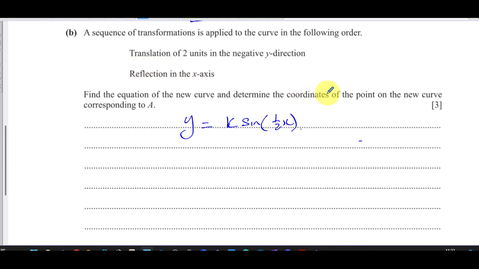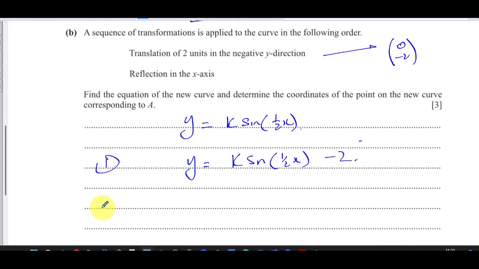First we have a translation of 2 units in the negative y direction, a translation of 0, minus 2. It affects just the y coordinates and everything goes down, so you have y equals k sine of a half x minus 2.